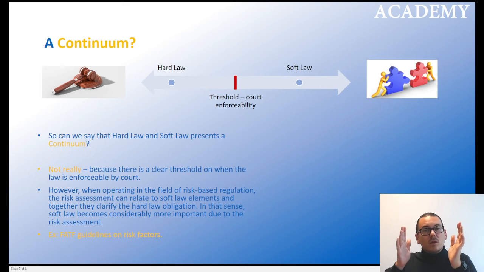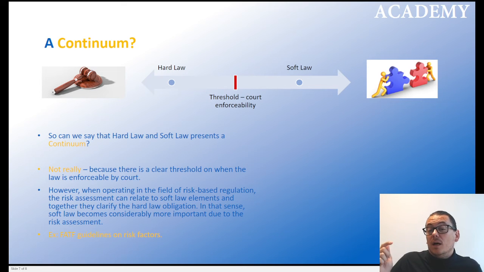So you can see that even though we don't have this continuum, because we have a clear threshold, because FATF is still soft law, because of the risk assessment and because of how we regulate, we use it as an inspirational source to then know how we should comply with hard law. So in that sense, soft law has gotten a larger effect in these areas when there are instruments and guidelines helping us do the risk assessment.